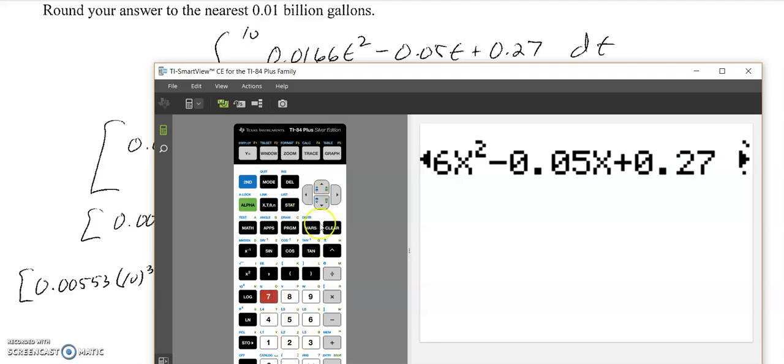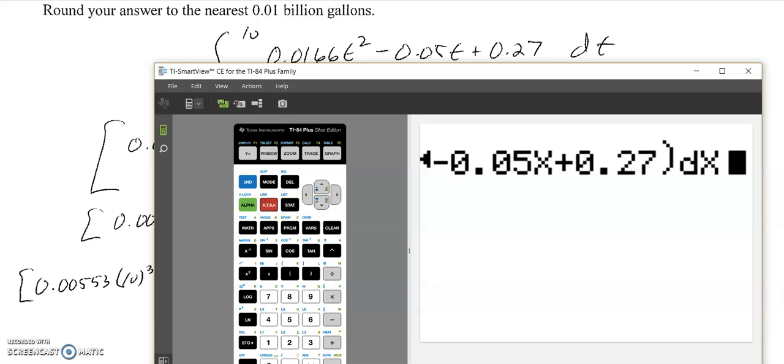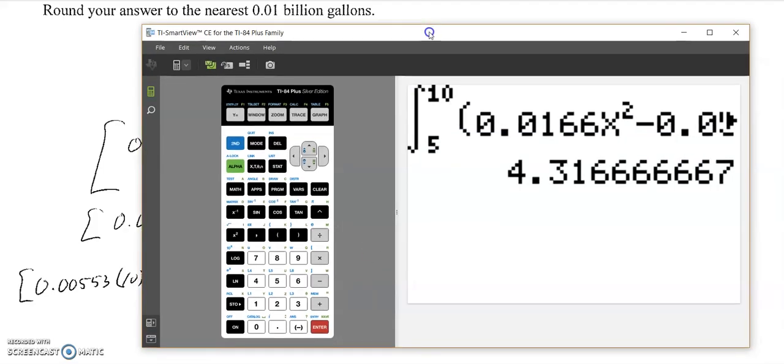Be very careful typing it in. Press to the right, x, push enter, and we get that same answer, 4.32 billion gallons.